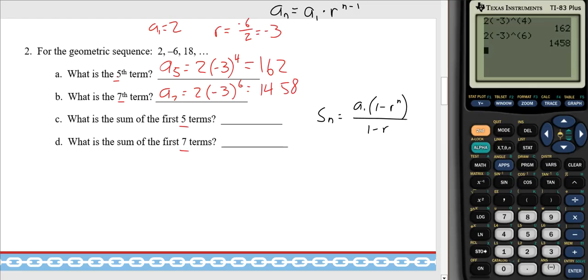For parts C and D, we are going to use the sum formula for finding the sum of a series.